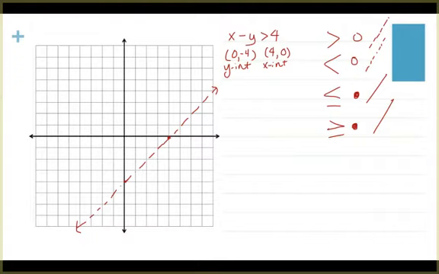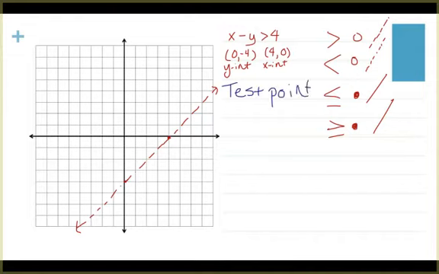Now we've got to figure out which way to shade. A lot of people know some kind of shortcut using the direction the inequality is pointing, but unless you did 100% perfect on all those number line oriented quizzes, I would recommend you do the test point method. So how do we pick a test point?